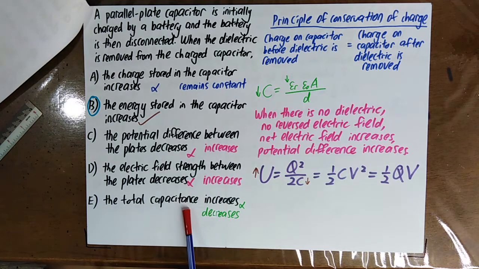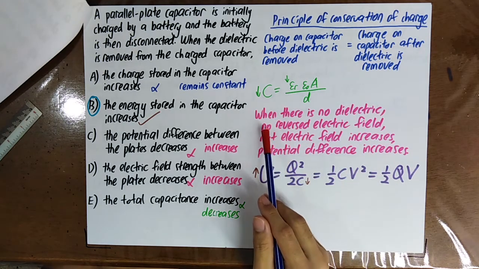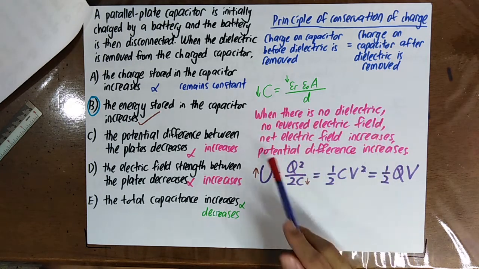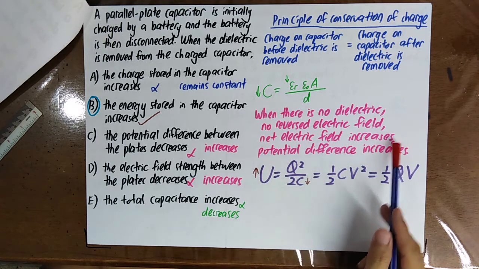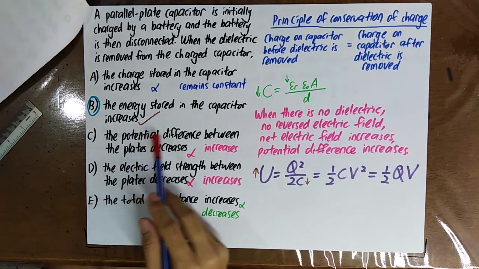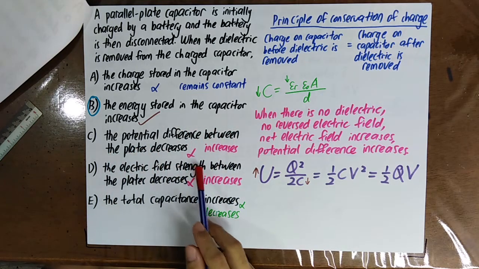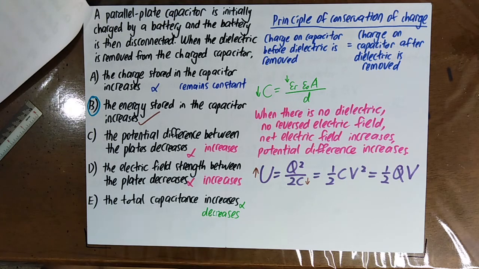The total capacitance decreases. When there's no dielectric, there's no reverse electric field, so the net electric field increases, and the potential difference increases. The potential difference between the plates increases, and the electric field strength between the plates increases also.